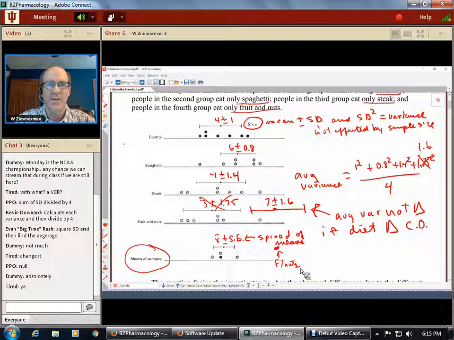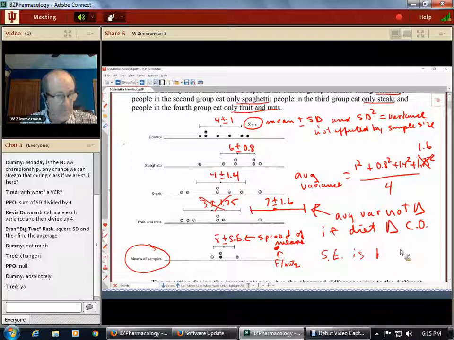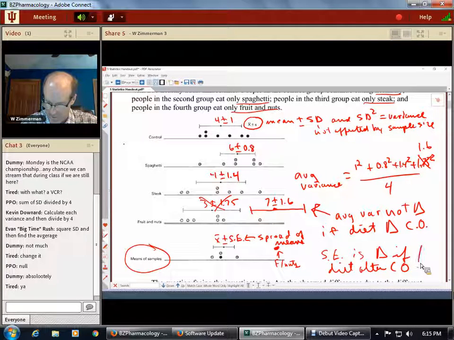That's fairly involved. It's a long arithmetic thing. People hardly do it anymore. It's so complicated, in a computer you just hit a button and it's done. But the point I want to make here is standard error is changed if diet alters cardiac output.